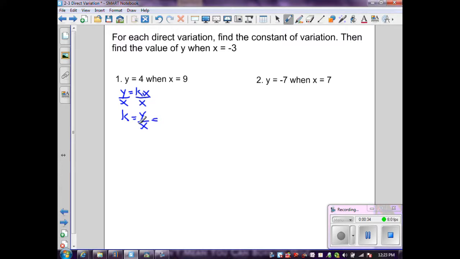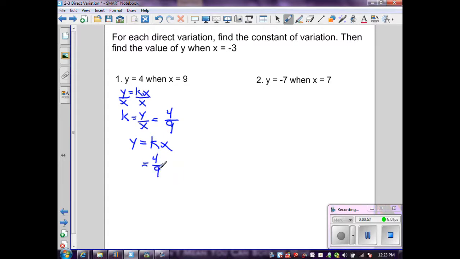Therefore, we can just substitute in these two values. Y is 4, x is 9. Then, all we have to do is rewrite the equation y equals kx. And we do know what k is. K is 4/9.